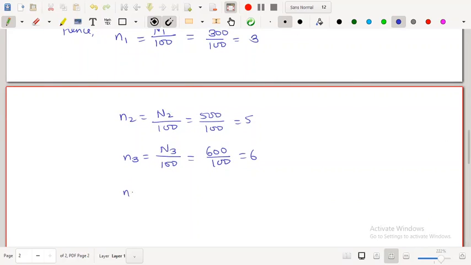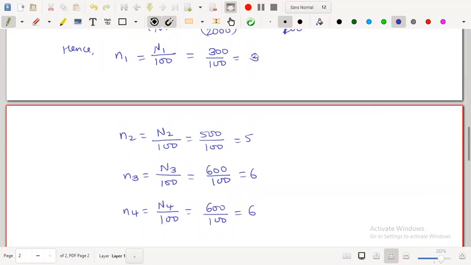And n4 is capital N4 upon 100, which is 600 upon 100, and this will be 6. So sample sizes using proportional allocation are: from first strata, take 3 samples; from second strata, take 5 samples; from third strata, take 6 samples; and from fourth strata, take 6 samples. And the total sample size, the addition of all these, will be 20.